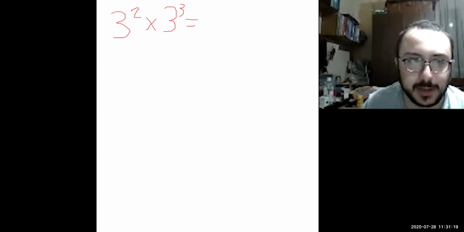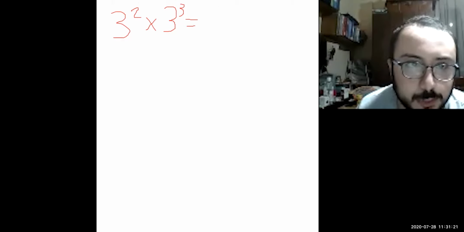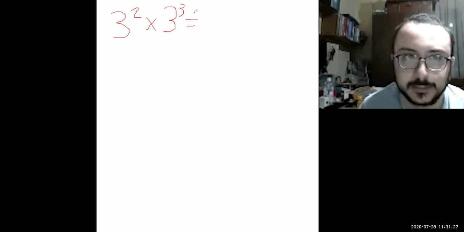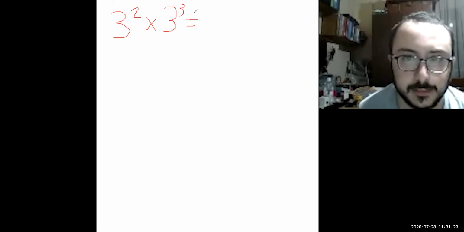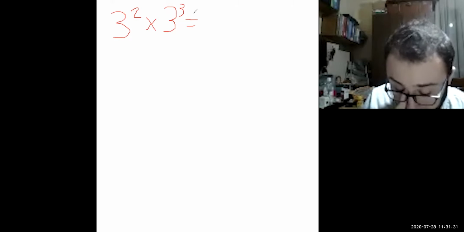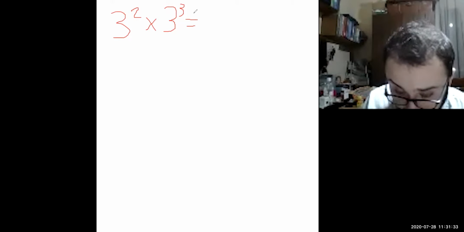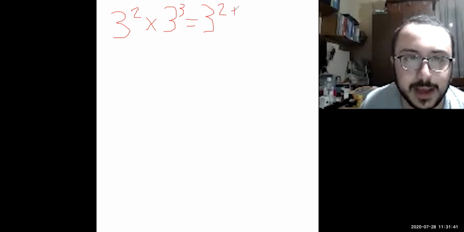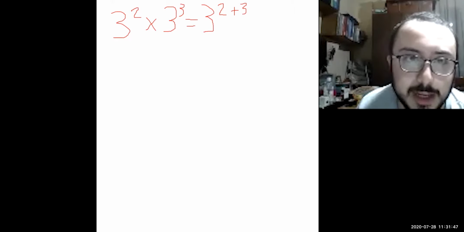So we have the same number and different powers. What do we do? You can check your formulas. We have to do 3 power 2 times 3 power 3. We said that if we have a power n times a power m, it's a power n plus m.